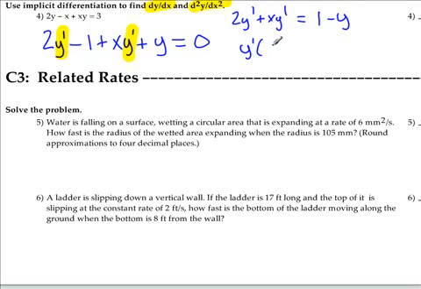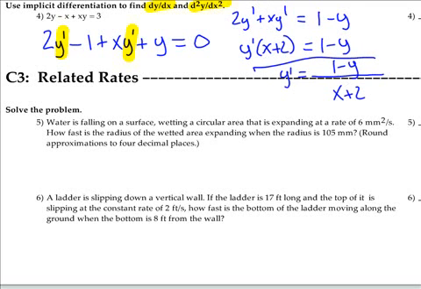I could write it as 2 plus x or x plus 2. I'm going to choose x plus 2 equals 1 minus y. If I divide by the x plus 2, I get y prime is equal to y minus 1 over x plus 2. There's my first derivative.